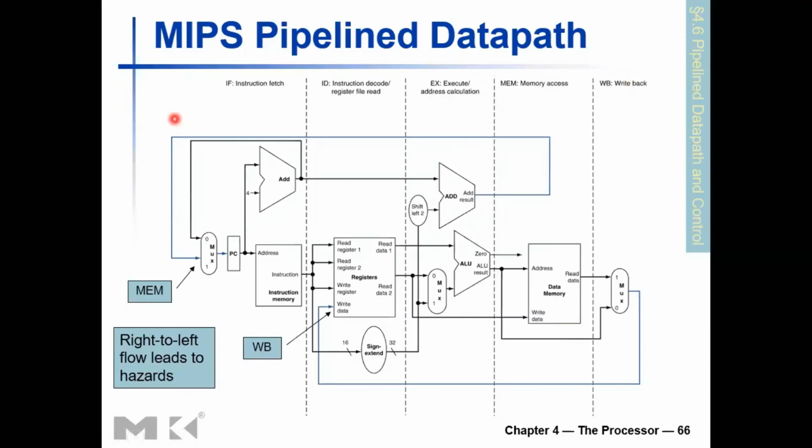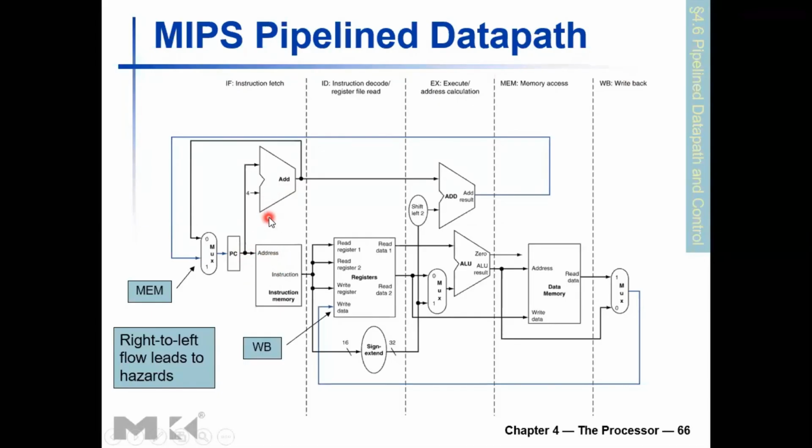The first stage, instruction fetch, starts at the program counter, right? Based on the updated program counter value, you access the instruction memory, and then the next program counter value is calculated, assuming that you're going to the next instruction. That happens inside the instruction fetch stage.